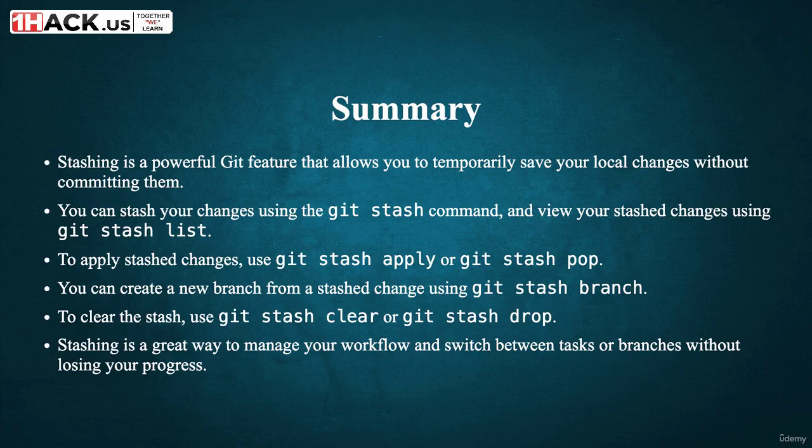Finally, you can clear your stash using git stash clear or git stash drop, but be careful as this action cannot be undone. Stashing is a great way to manage your workflow and switch between tasks or branches without losing your progress. By mastering this feature, you can become more efficient and productive in your Git-based projects.